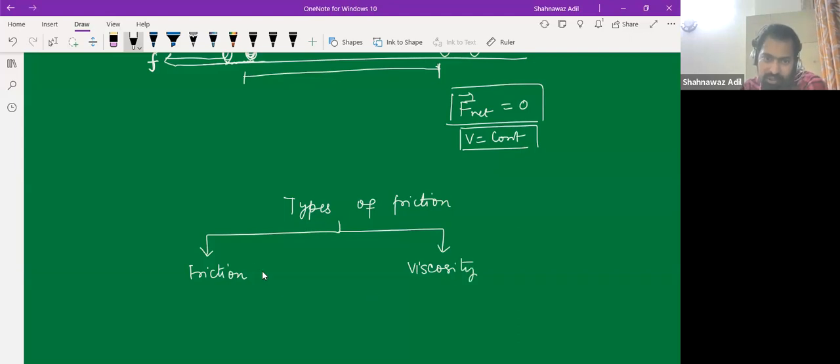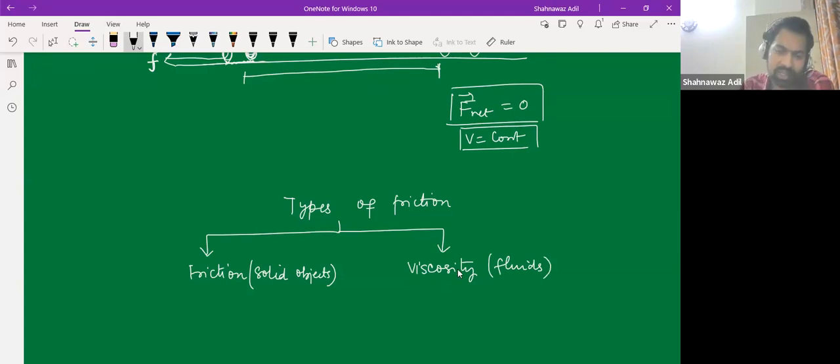So this is in the solid objects, and viscosity in fluids. These are the examples of frictional force.